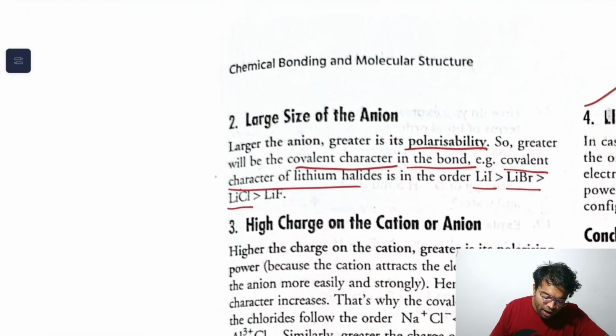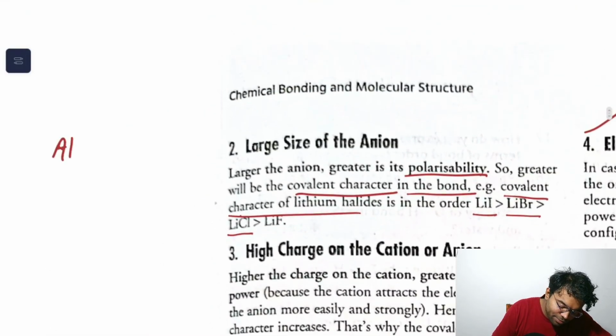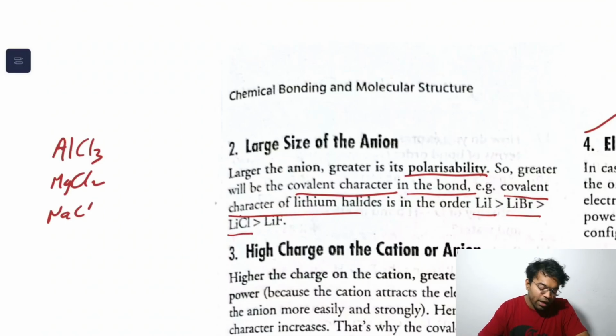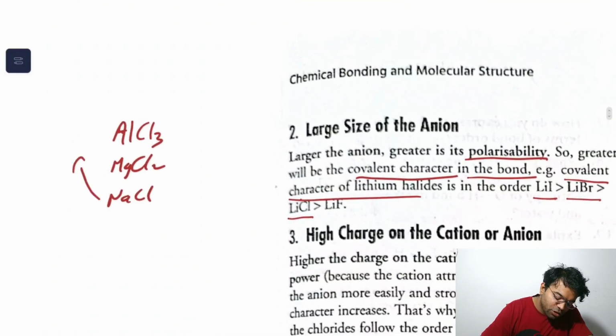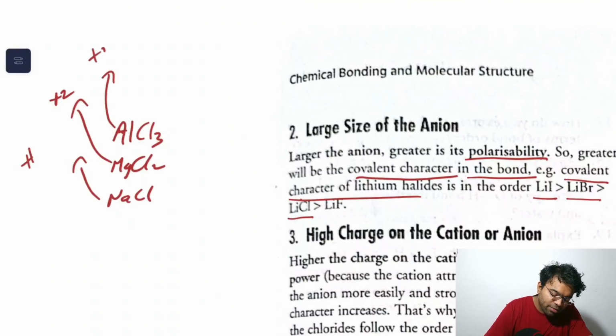So basically you have AlCl3, MgCl2, and NaCl. In the case of sodium chloride, the charge on sodium is plus 1. The charge of magnesium is plus 2. In the case of aluminium, it is plus 3.